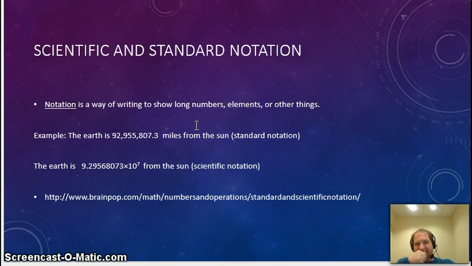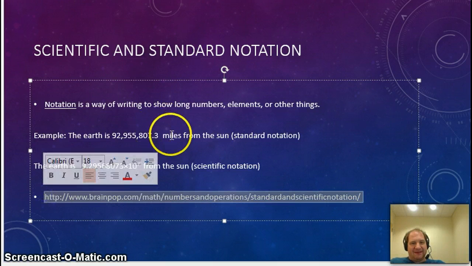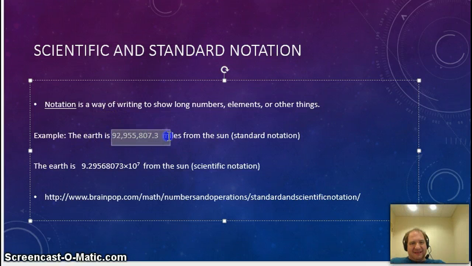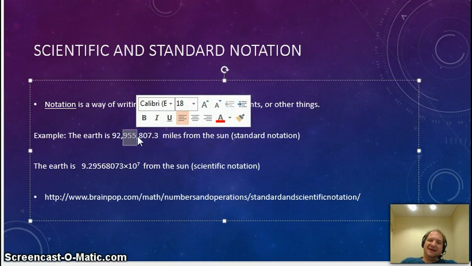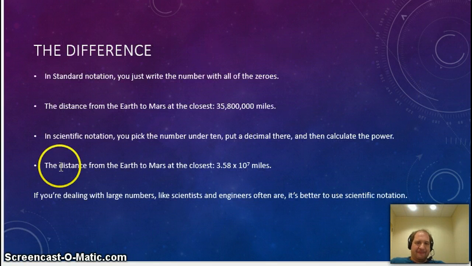So notation, that's how we write long numbers. We're going to look at a video in class on this one. You can find the link here. If you have Brain Pop, you can go right to it. So we can say the Earth is this far from the Sun, 92,955,807.3 miles, or we move the dot up there to get 9.2955807 times 10 to the 7th power.